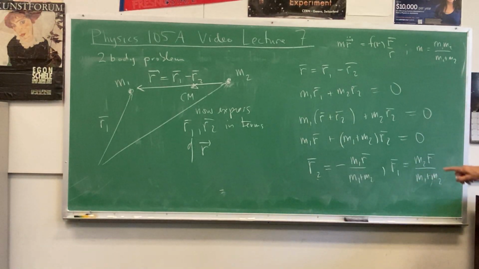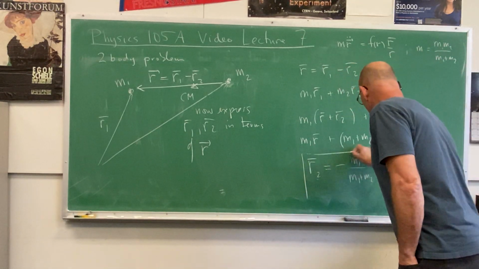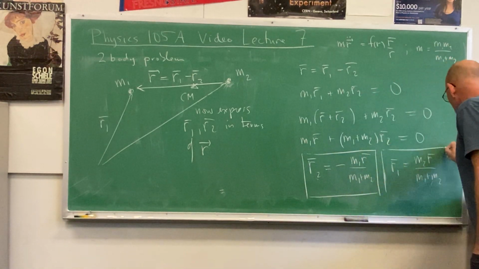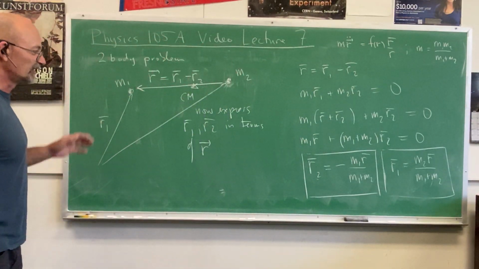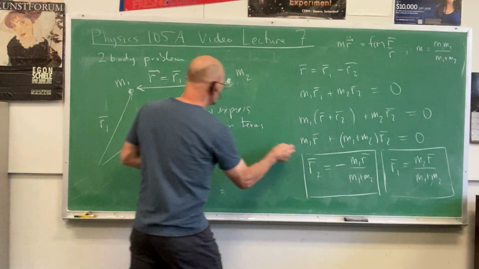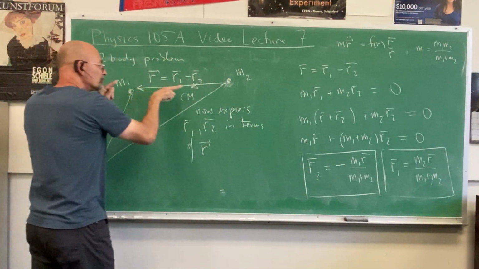And in fact, R1 is going to be opposing R sub 2, so it doesn't have the minus sign, and then all I've done is replace the 2's with 1's. Okay. Yeah, so let's make sure we see that this makes sense. This has to make sense before we move on. So standing over here, we can see that R sub 2 is opposing the direction of R. So R is pointing at M1, R sub 2 is pointing there.